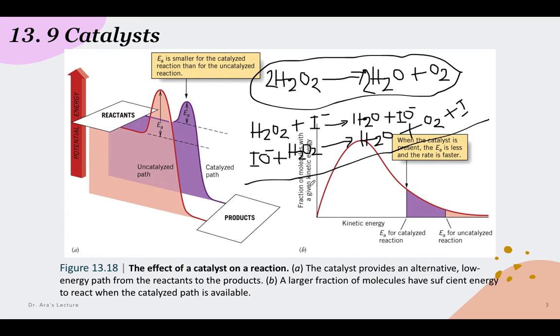So if we look into here, this is the intermediary species and this is the catalyst. So eventually what we have overall is 2 mole hydrogen peroxide giving 2 mole water plus oxygen.